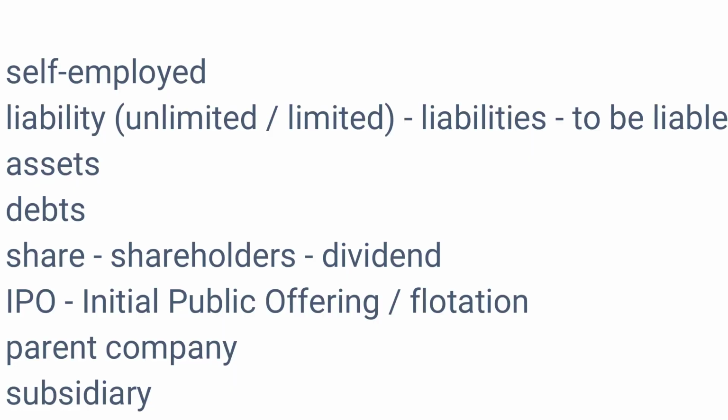The next thing that we need to look at is the ownership of businesses and look at the different terms connected with that. But before we do that, we need to look at some vocabulary.